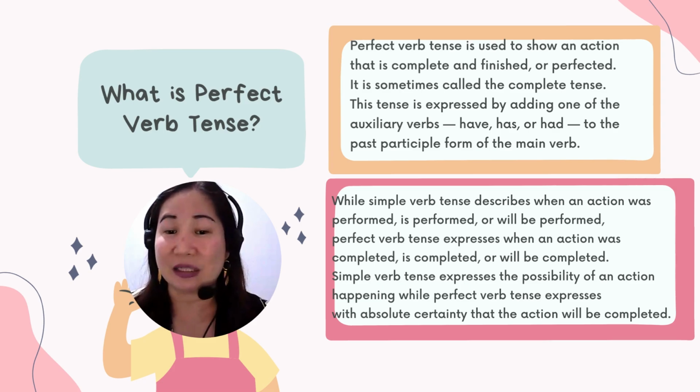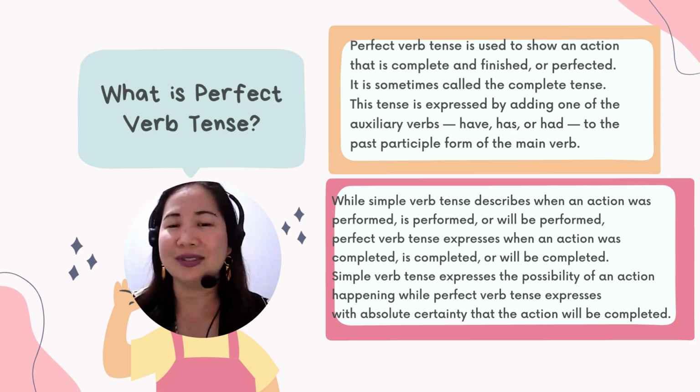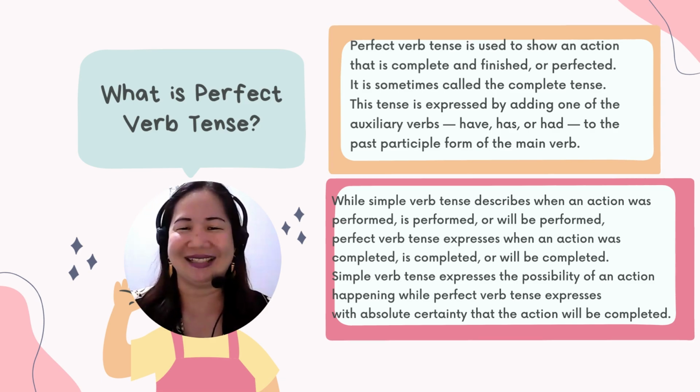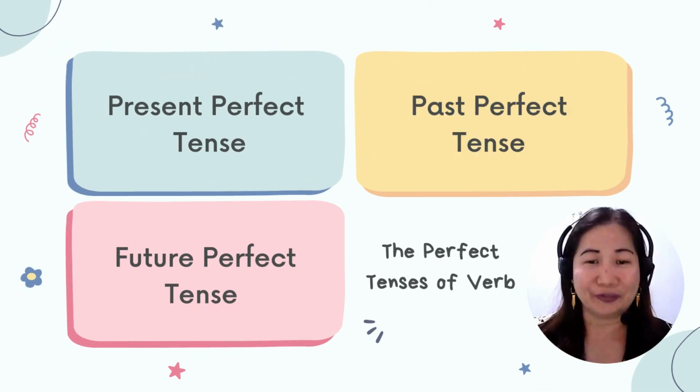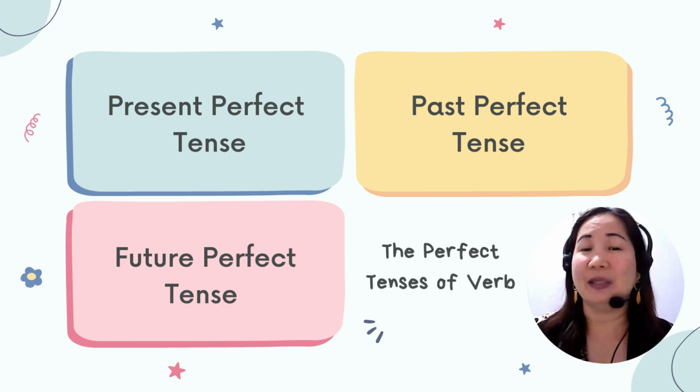Simple verb tense expresses the possibility of an action happening, while perfect verb tense expresses with absolute certainty that the action will be completed. So here are the perfect tenses of verb: the present perfect tense, past perfect tense, and future perfect tense.